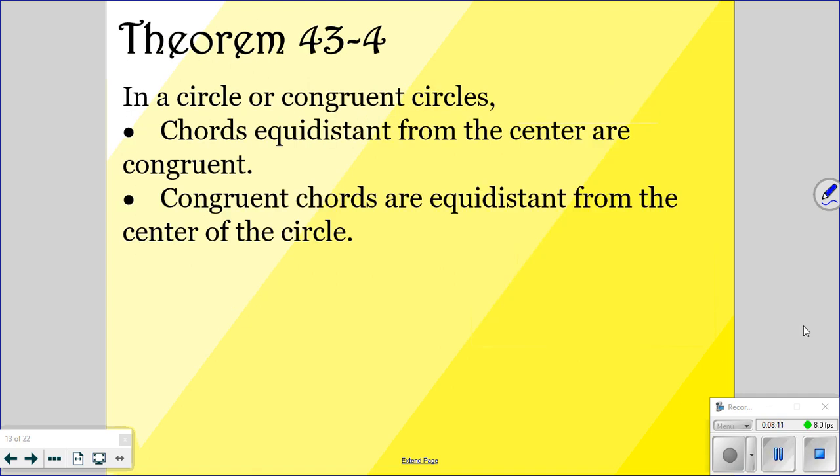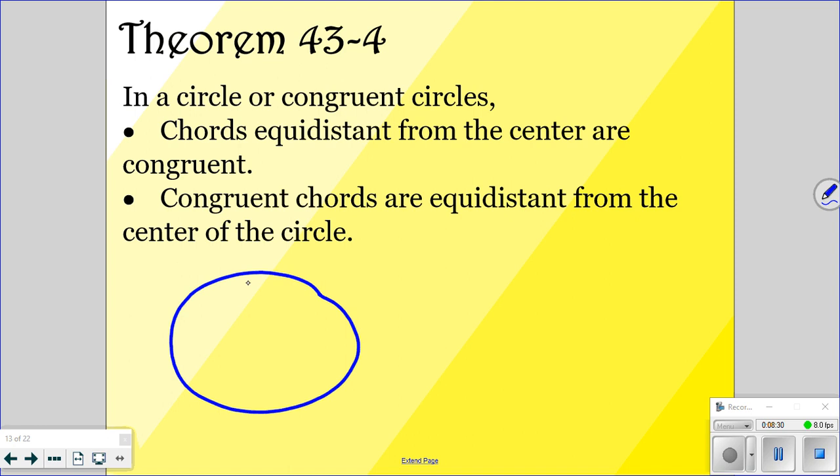All right, so theorem 43.4. In a circle or in congruent circles, if you have chords that are equidistant from the center, that means that they are congruent. And if you have congruent chords, they are equidistant from the center of your circle. So let's look here.